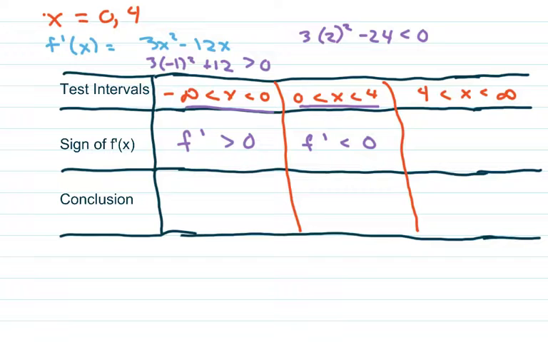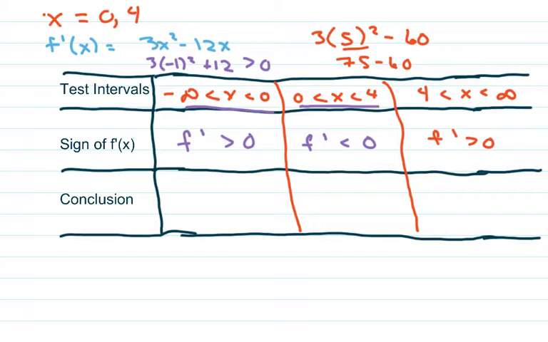And for numbers bigger than 4, we can plug in, say, 5. If you plug in 5, you get 3 times 5 squared minus 12 times 5, which is 60. So this would be 75 minus 60. That's going to be positive.